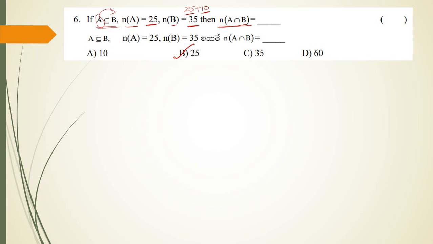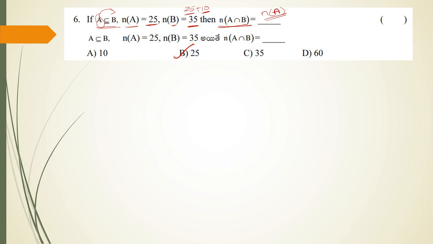So whenever A is a subset of B, then N of A intersection B is nothing but equal to N of A. This is the condition where you can use it, right?